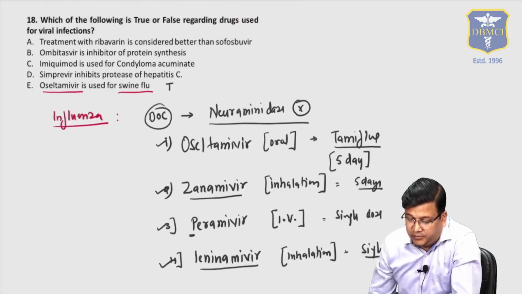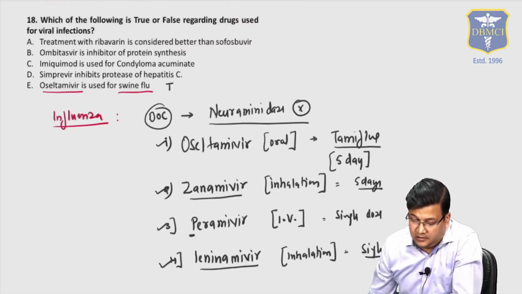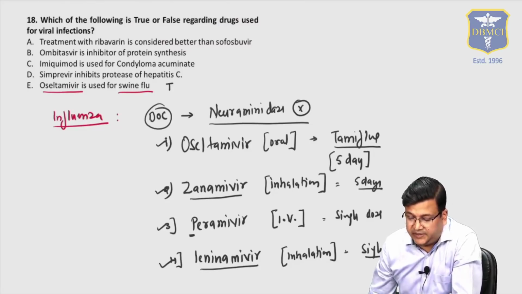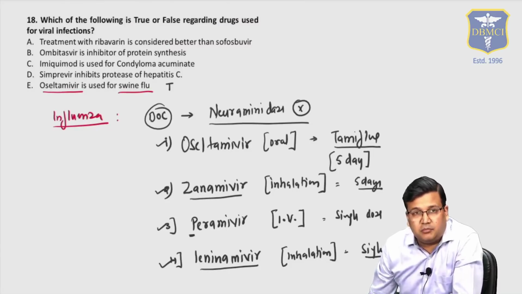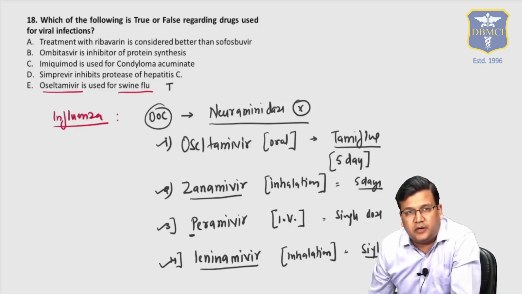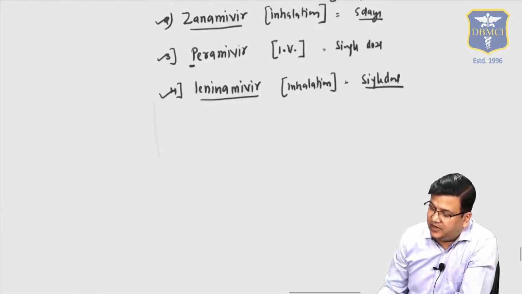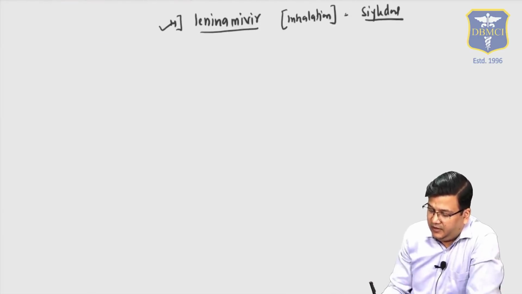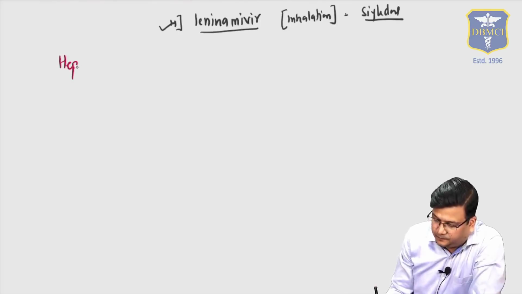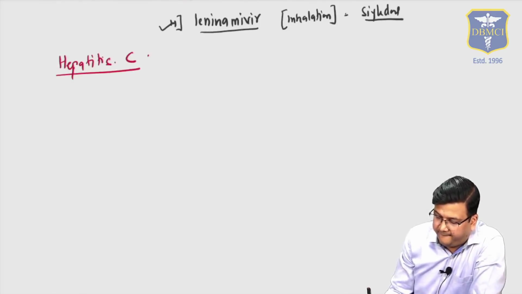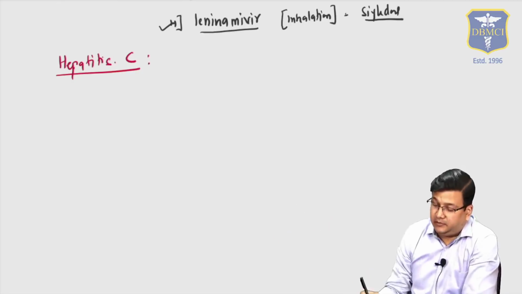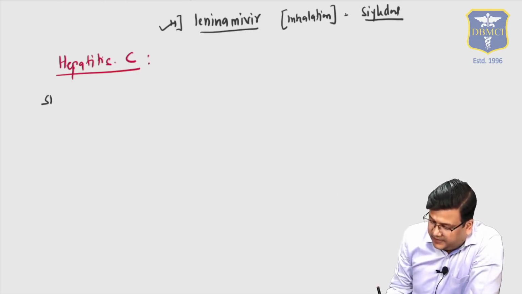Now we come to option number D, simeprevir inhibits protease. Option number B is ombitasvir is an inhibitor of protein synthesis, and option number A is ribavirin, sofosbuvir. A, B and D all are related to hepatitis C treatment. So we have to understand the treatment of hepatitis C. What has been the standard or conventional treatment so far?